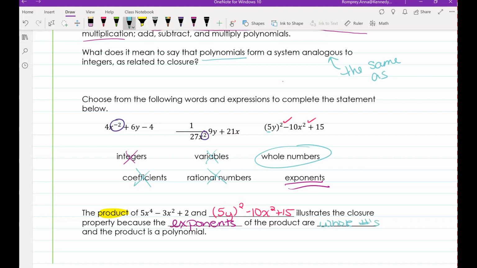And the product is a polynomial. So that's just saying when we multiply, our exponents remain whole numbers. So our product is in fact always going to be a polynomial. That's what would make it satisfy the closure property. Okay, you've got some examples to do, so go ahead and try those out. See how you do.